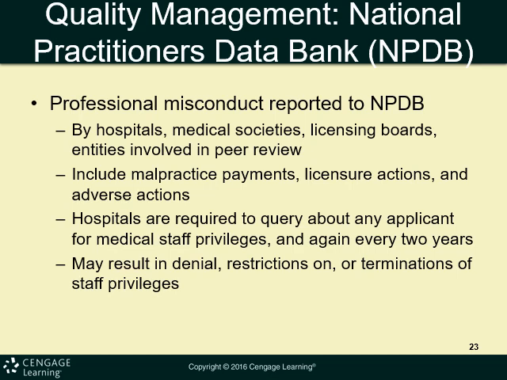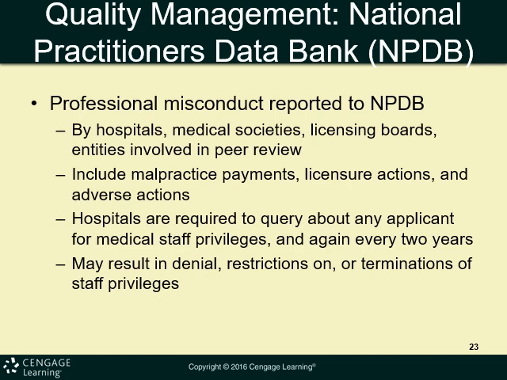The special information that's contained in the data bank includes data that concerns malpractice payments, licensure actions, and adverse actions such as the loss of staff privileges of physicians and dentists in all 50 states. With this data available, healthcare entities such as hospitals or healthcare private practices are now required to query the data bank when receiving an application for a position on a medical staff team.